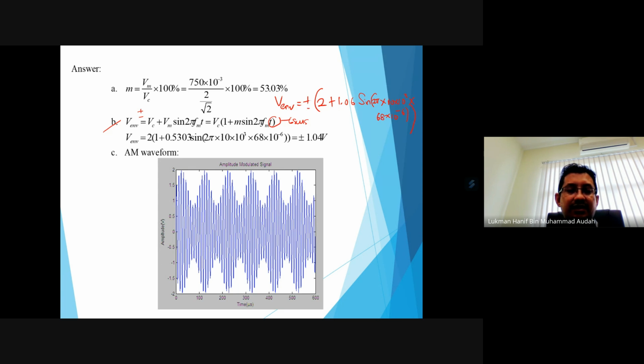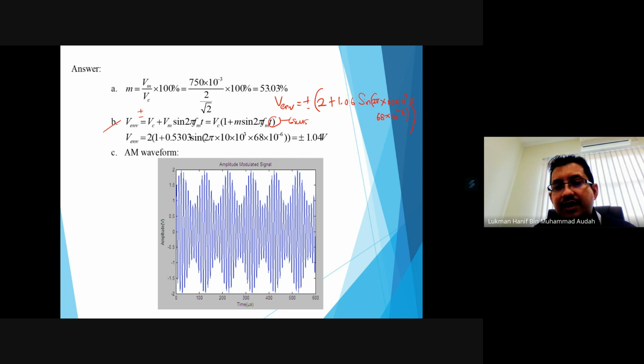Sine of answer, I get negative 0.9048. So that means I will rewrite it like this: it is equal to plus or minus in bracket, 2 plus 1.06 in bracket times negative 0.9048.